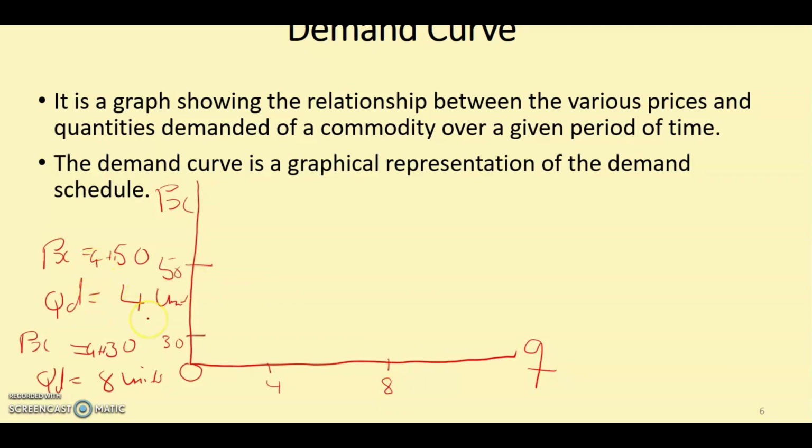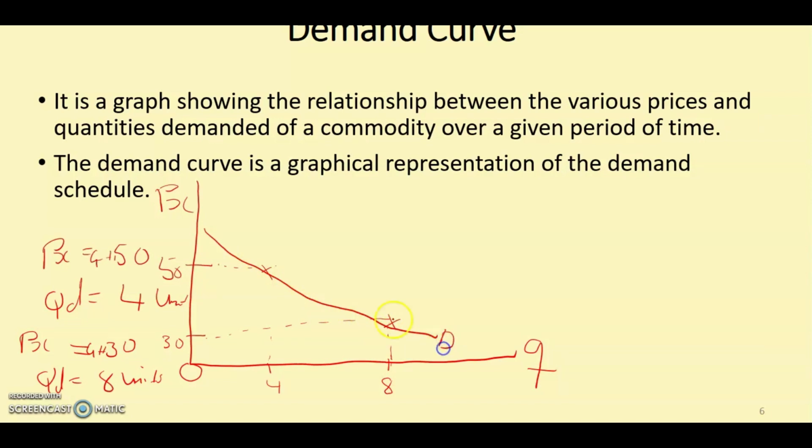Then we plot it. So we have 50 is to 4. That is our first point. And then 30 is to 8, our second point. Then we draw a line to pass through the 2 points that we have.